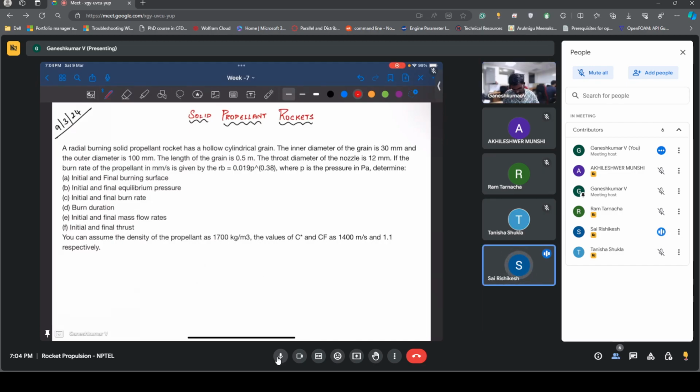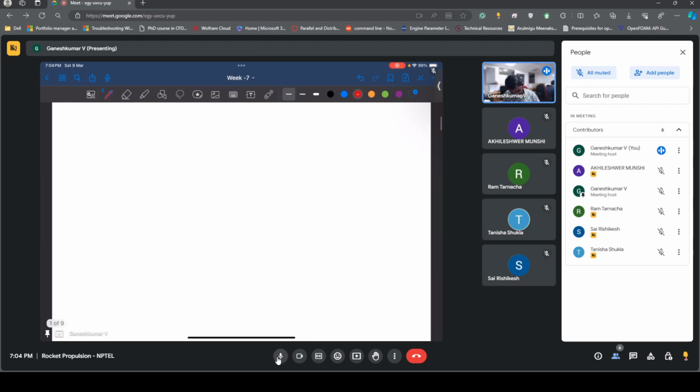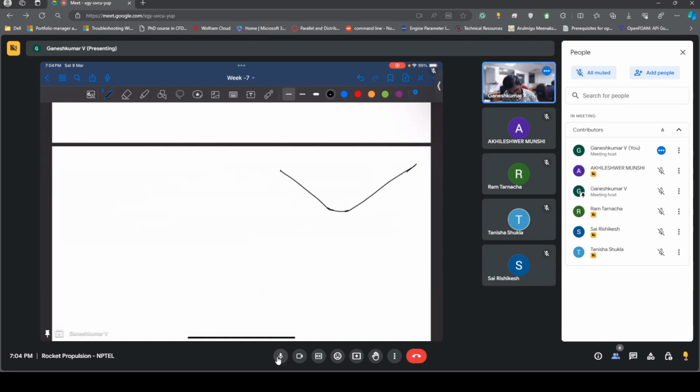Sir, what exactly is divergence angle and half divergence angle? Okay, so divergence angle and half divergence angle is related to a conical nozzle. In a conical nozzle, you will have a convergent part and then you will have a divergent part.